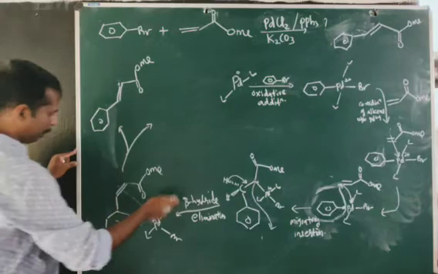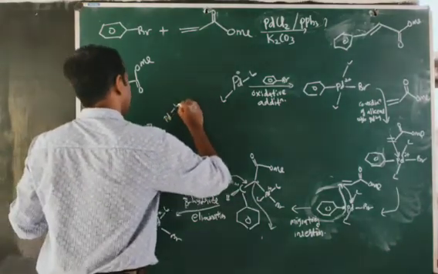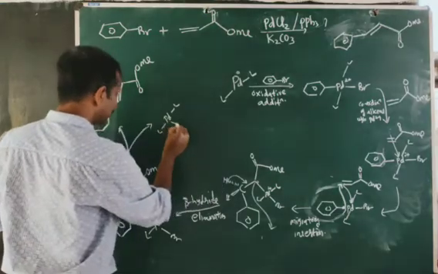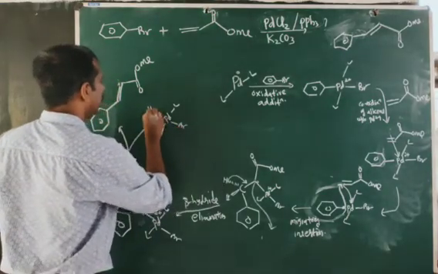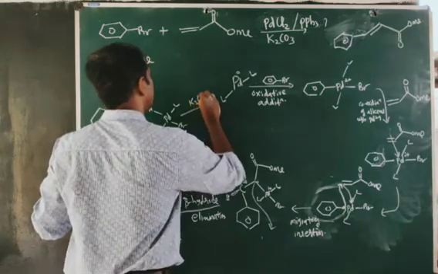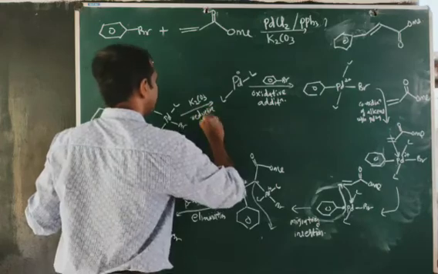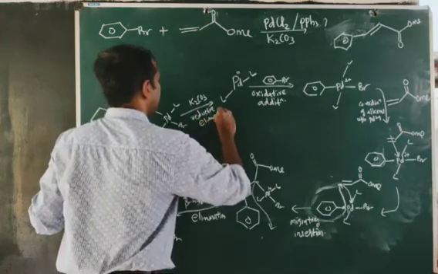Plus what will form? Again we get Pd, L, here it is Br, and here it is H. In the next step, in the presence of a base, K2CO3, reductive elimination happens.